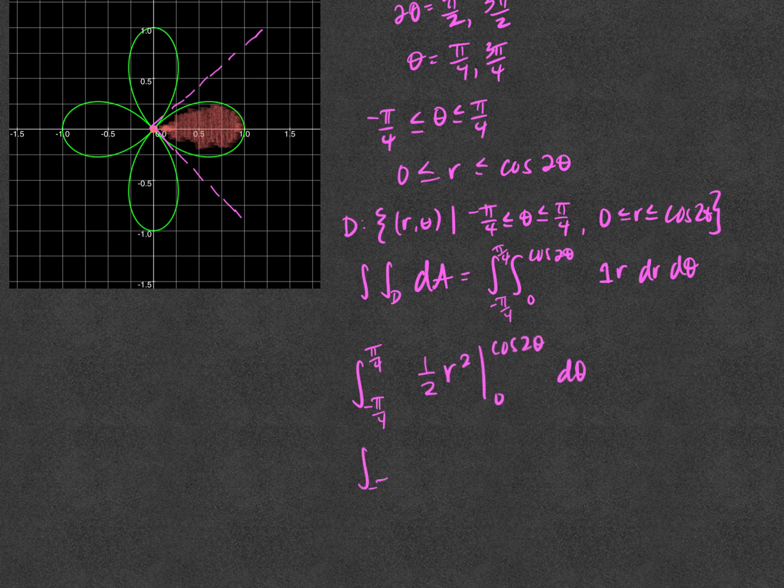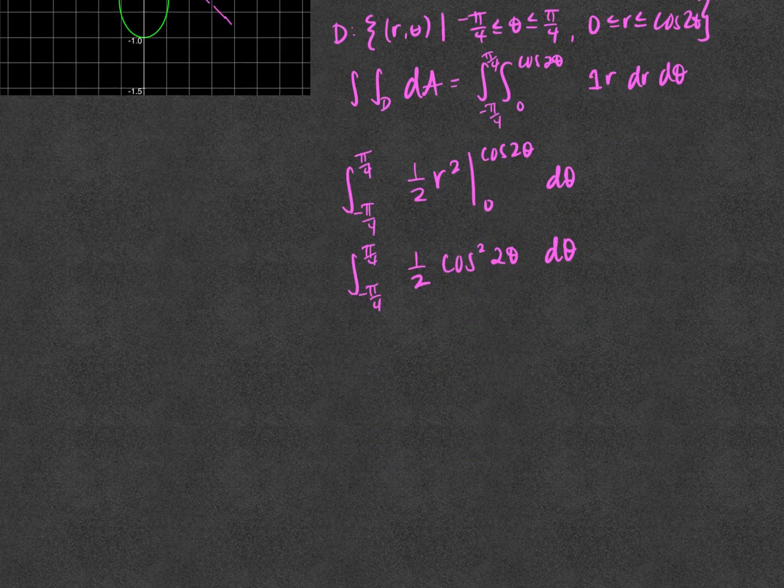So we have the integral from negative pi over 4 to positive pi over 4 of 1/2 times r, which is cosine of 2 theta, squared. So we have cosine squared of 2 theta, and 0 is 0, so I'm going to leave that off and just put d theta here.